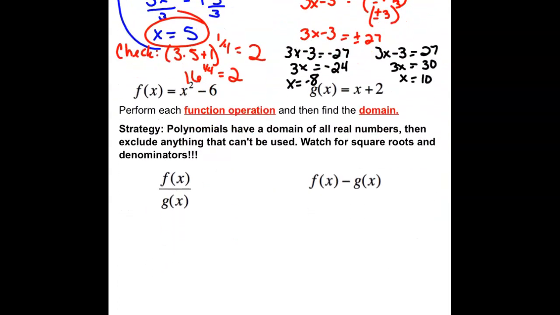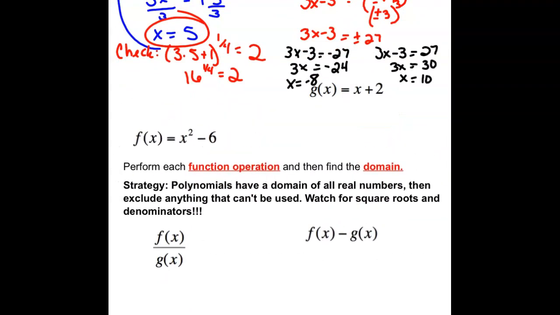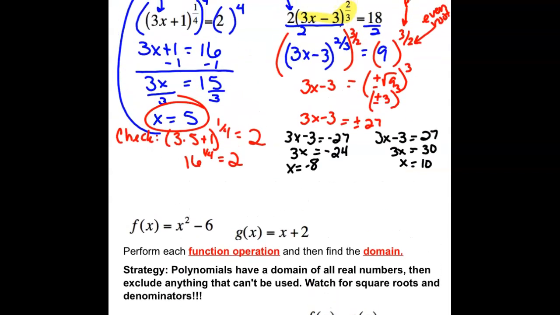Let me give myself a little more room here. All right. So checking the negative 8. Again, we have to go back to the original problem.